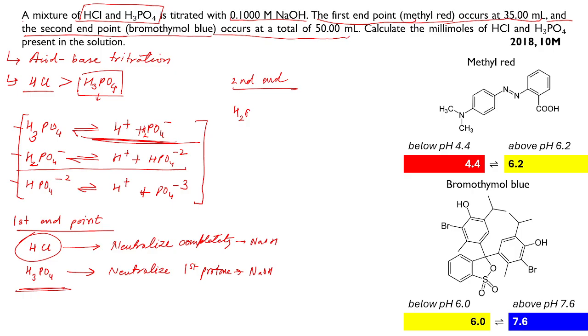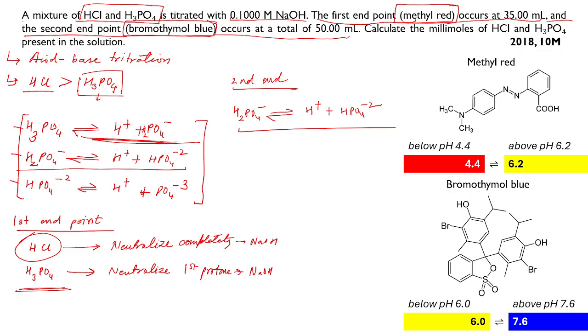So H₂PO₄⁻ is going to dissociate again between the first and second endpoint to give H⁺ and HPO₄²⁻. So this is the second endpoint. Now have you seen in this question that they have given two different types of indicator? One is methyl red and the second endpoint appears by using bromothymol blue. So I will explain a concept about this as well.